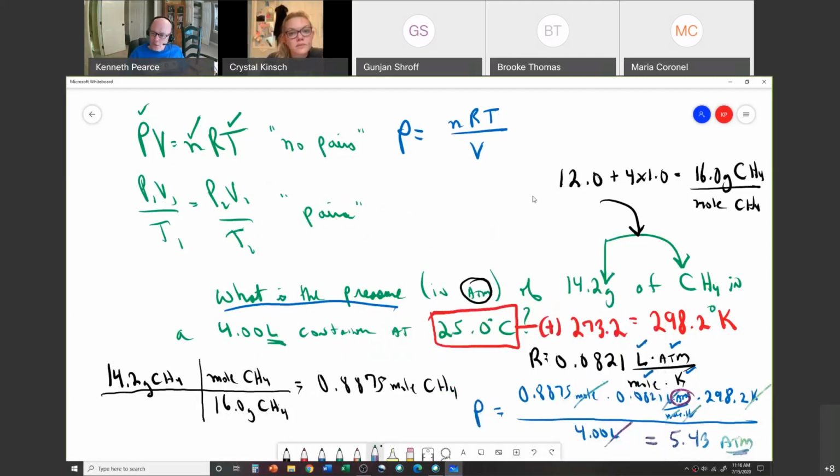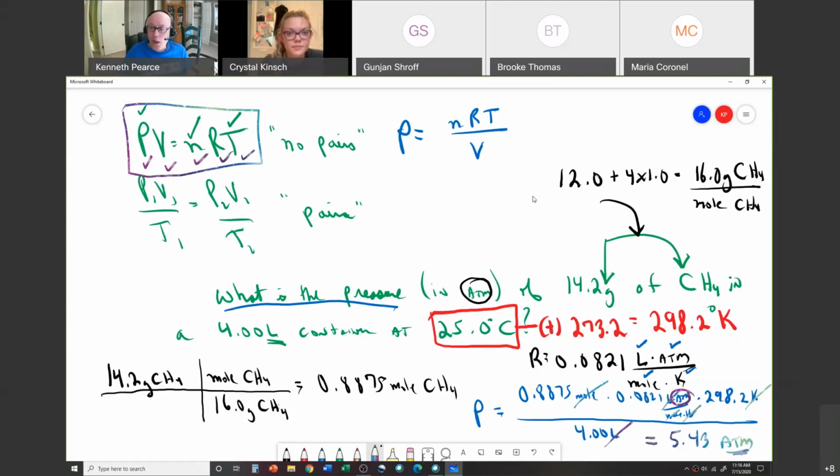All right, so we get that many atmospheres. So what did we have to do here? It's not enough to just have the equation. You have to go through and make sure everything is in the right sort of numbers. You're not going to ever see a problem where you have the pressure automatically in atmospheres, the volume automatically in liters, and the temperature automatically in Kelvin.